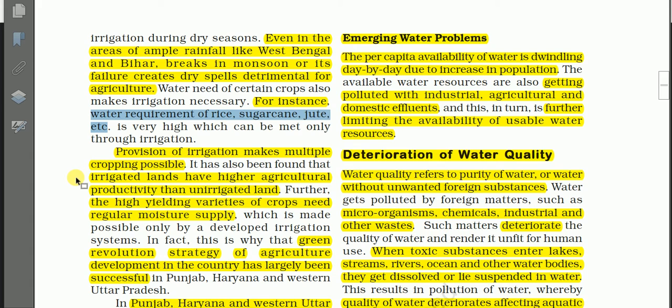So we need water for certain crops. Sometimes rainfall also cannot give enough water for this type of crops, and that is why we need irrigation, to increase the productivity.